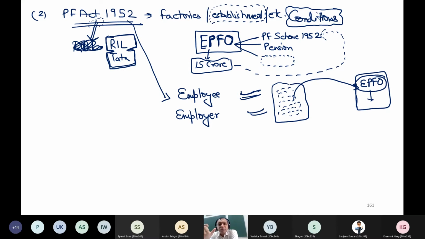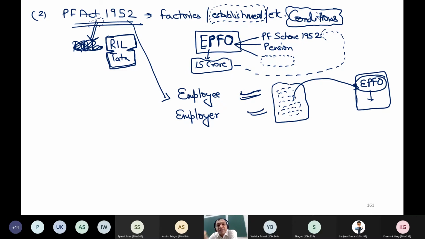So what is the relevance of EPFO? Only one relevance. Whatever is the provident fund of different employees of different factories and offices across India, if those factories and offices are covered under the PF Act 1952, then their employees' contribution as well as employers' contribution, the entire money, will be managed, just as a regulatory authority, by an organization known as Employees Provident Fund Organization.